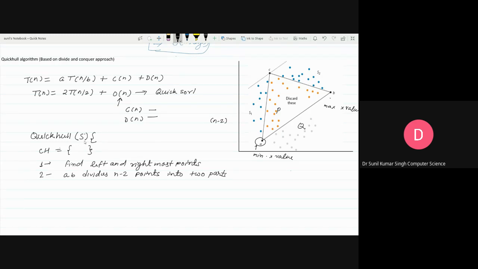So in this quick hull algorithm, we are going to use the points which are on the right side of the line.